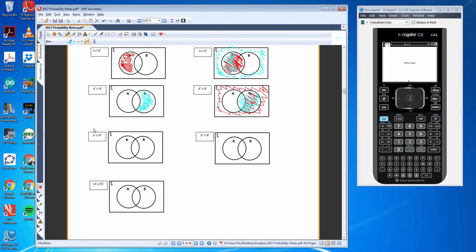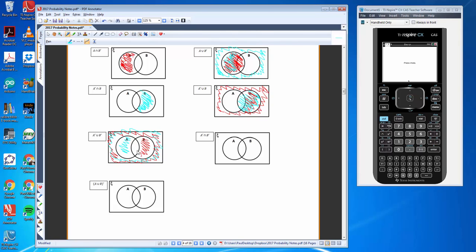Alright, not A union not B. So let's shade this up. Let's first of all shade up not A, which is B only, and this outside part here. And let's shade up not B, which is A only, and this outside part here.